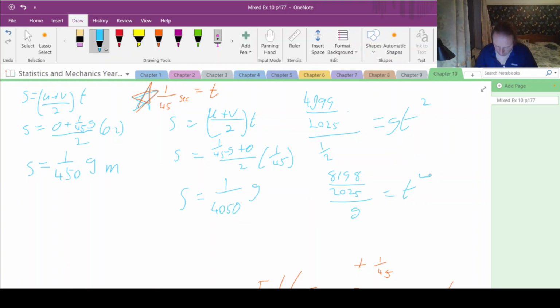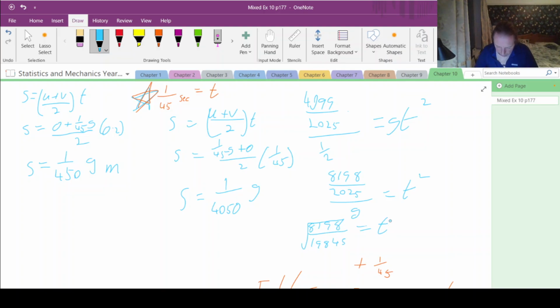So dividing that by 9.8, that gives me 8198 all over 19845, which of course needs to be square rooted to give me t.